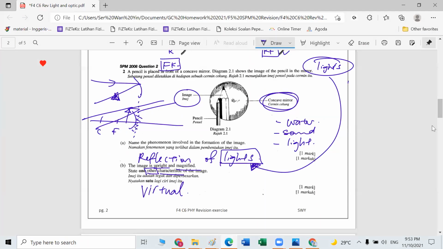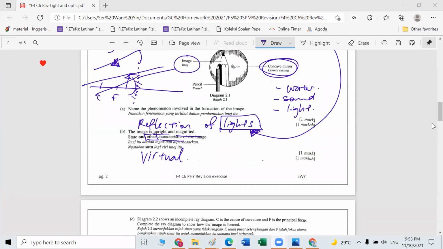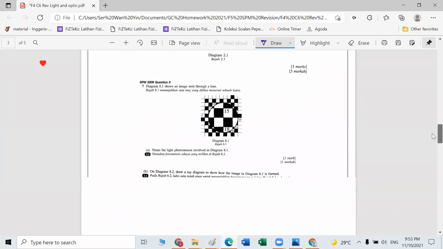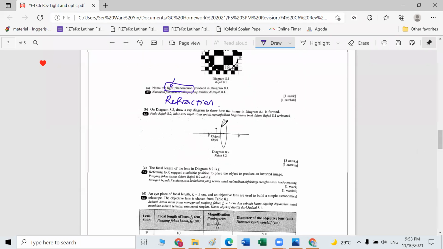All right, so you can see this one. This is the lens. So when they mention light phenomenon, then you no need mention light. So this is refraction. So the same thing here. Focal length is f. Suggest a suitable position to place the object and produce an inverted image.